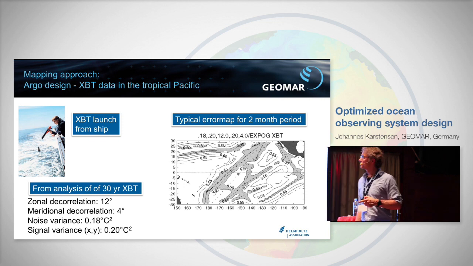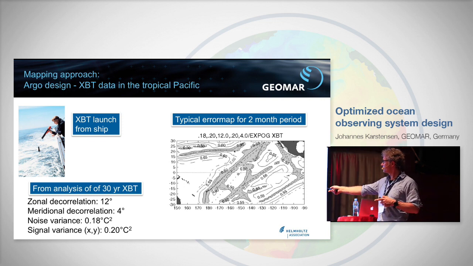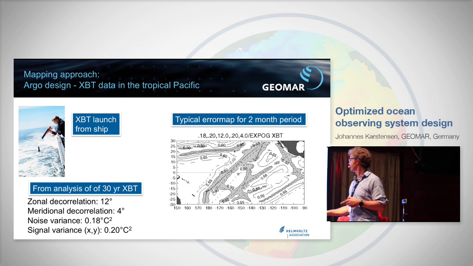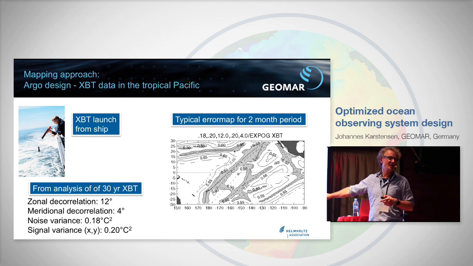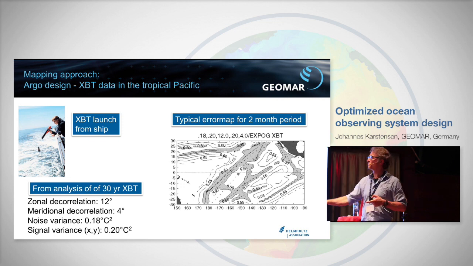So how does that look? This is the XBT data for the Pacific, for example, creating an error map based on these scales. The numbers you see here are the error in temperature that is found if these scales are applied.